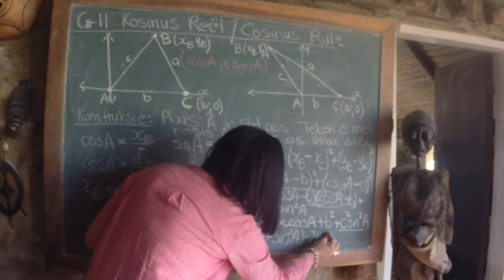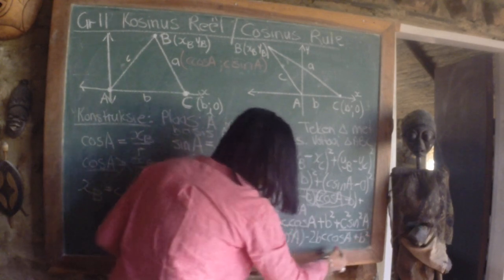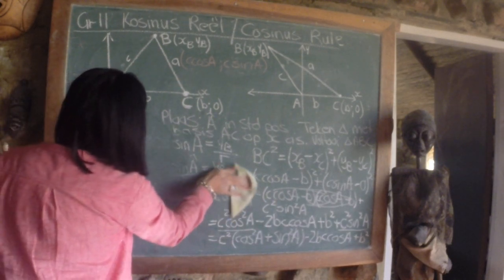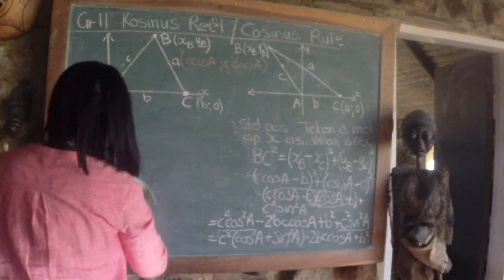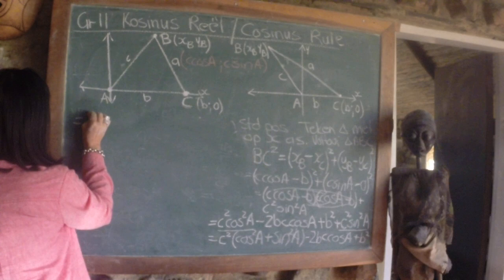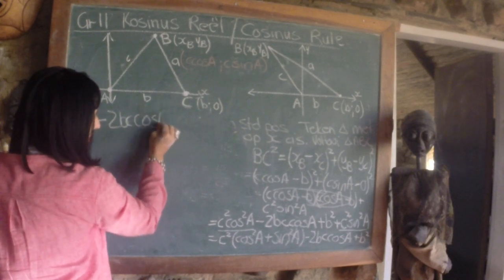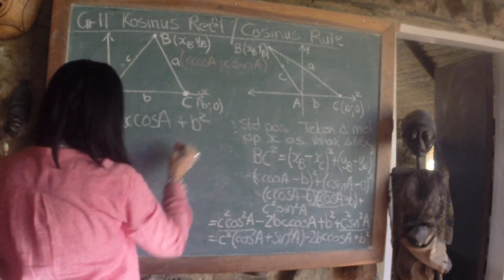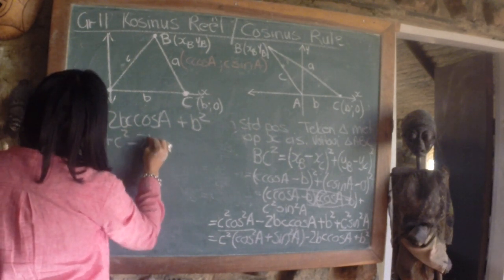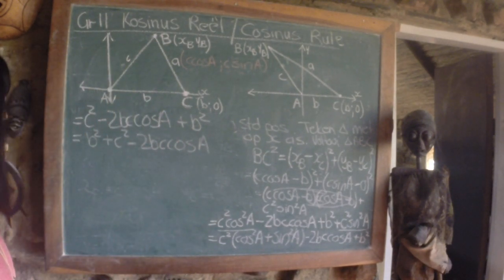Minus 2bc cos A plus b squared. So that gives me 1. Now I have a squared equals c squared minus 2bc cos A plus b squared. So let's write it nicely: a squared equals b squared plus c squared minus 2bc cos A, and that's my cosine theorem.